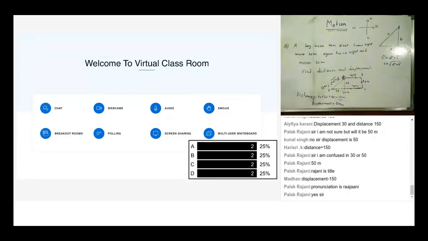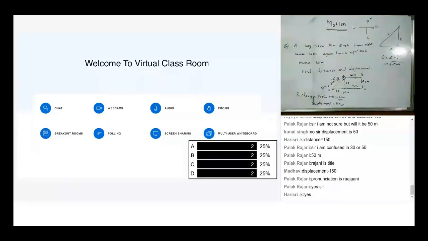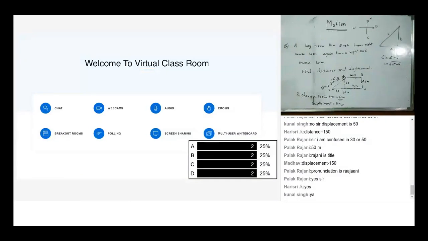Is that clear to all of you? Kunal beta, did you understand? Alifia, you? Yes, sir. Yeah, Madhav, that's fine. Harishri, fine. Palak, is the confusion cleared? I mean, you're done with your confusion? Very good. Ananya, I don't see any response from you.